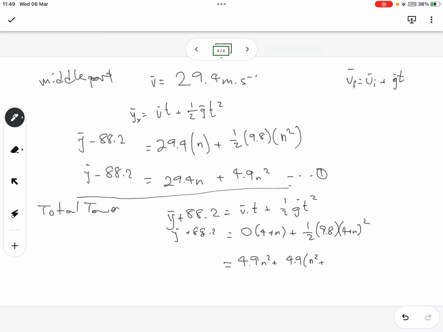I will do it like this: it's going to be n squared, 4 squared, and then 2 times n times 4, so it's going to be 8n. Plus 16, and then plus n squared. Okay, cool.